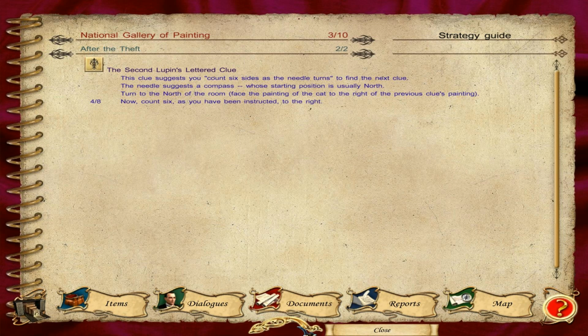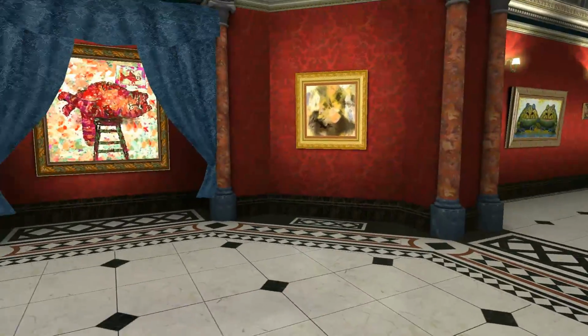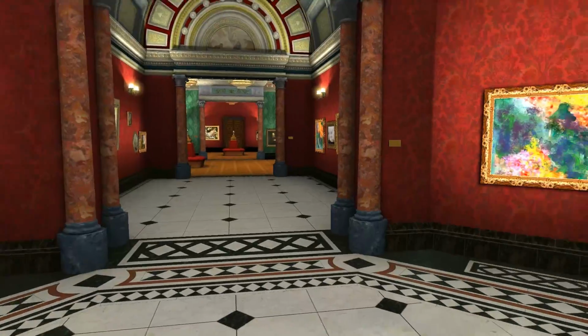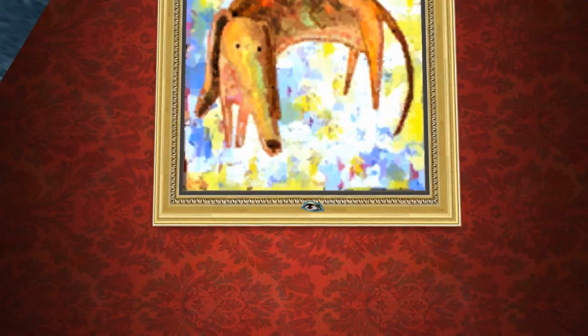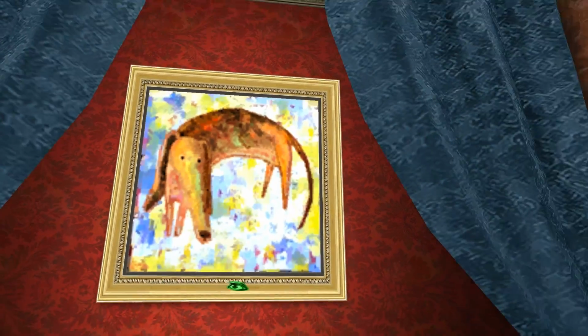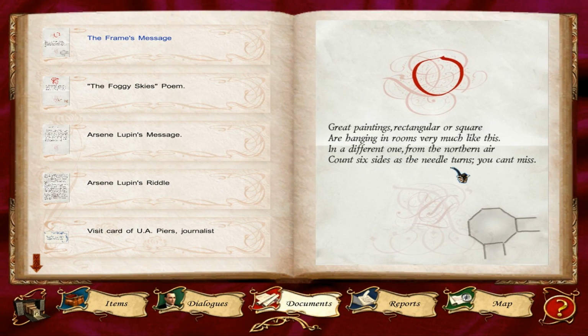To the right. 6 what? 6 sides? Oh! Oh, in the room. 1, 2, 3, 4, 5, 6. Is it this one then? What horrors! No. Okay. Count 6 sides to the turn.